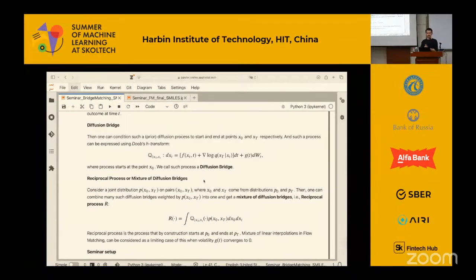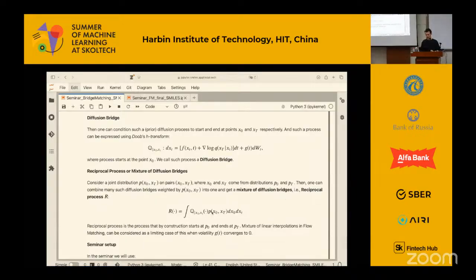Diffusion bridges are great, but they start and end at one particular point. To incorporate diffusion bridges into the framework where we have one distribution at the start and another distribution at the end, and not a delta function, just some points, we make a mixture of diffusion bridges, which would be the diffusion bridge conditioned on points x0 and x1, or x big T, weighted by our initial distribution P on x0 and xT.